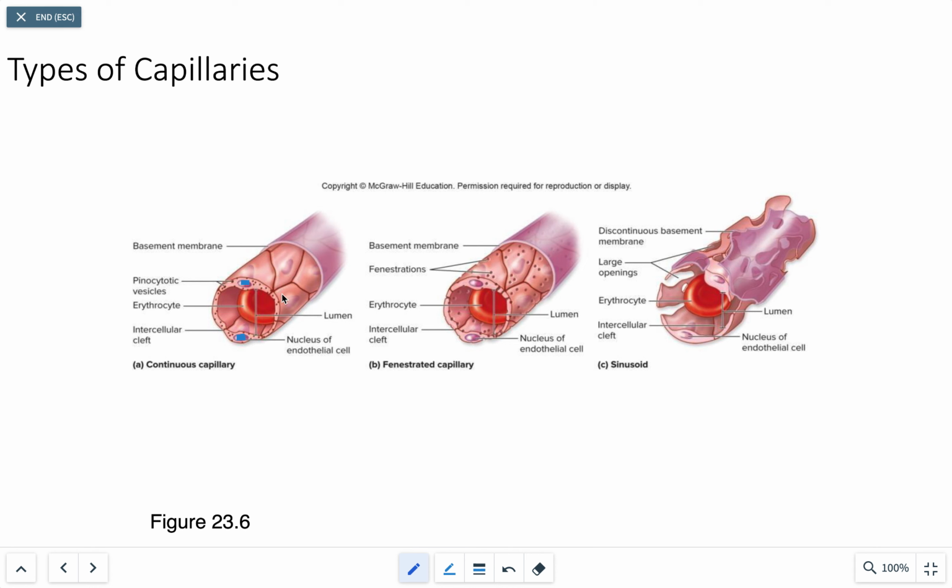Its endothelial layers are connected by extremely tight junctions. These tight junctions help hold or maintain the rigidity of the lumen. We find these in muscles, skin, your thymus, your lungs, and portions of the central nervous system.